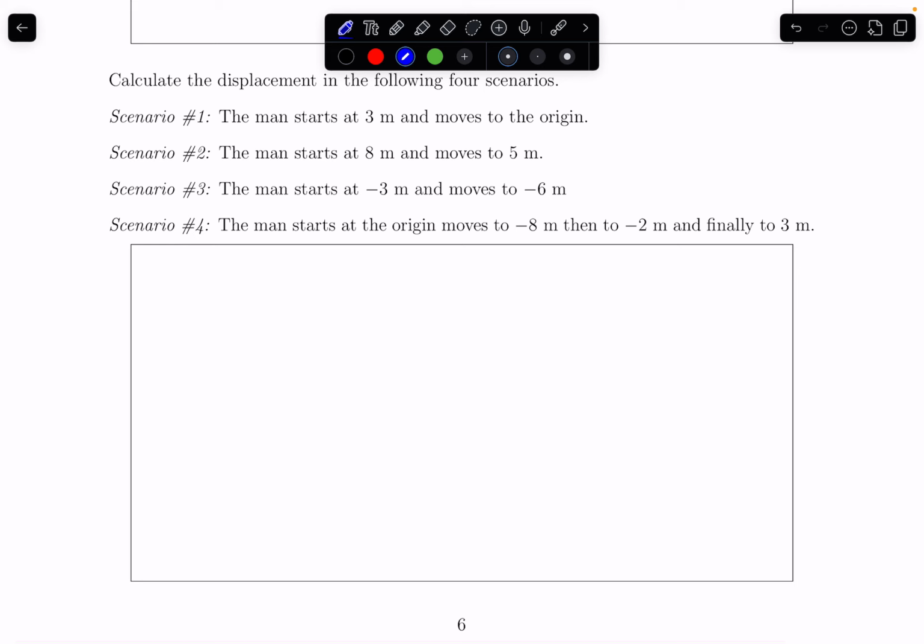All right, second scenario. We're starting at 8, and we're going to 5. Starting at 8, going to 5. What's the displacement? -3 meters, right? Remember, we're starting at 8, that's our initial, right? Our final is 5. Final minus initial, 5 minus 8.